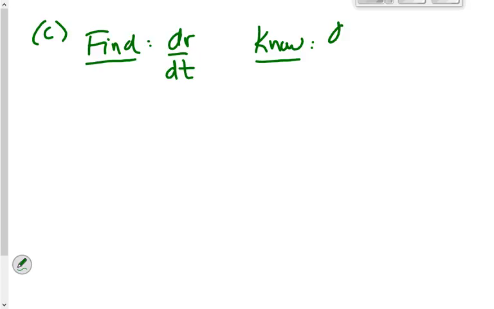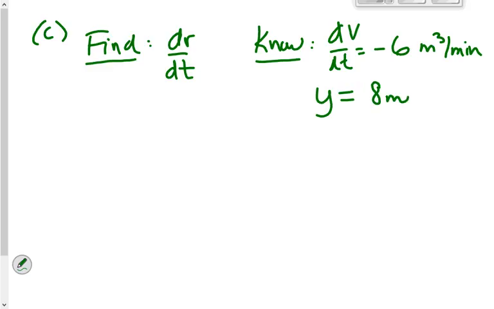Okay, so dV dt is minus 6 meters cubed per minute. What else do I know? I know what y is going to be. What is it going to be, Maggie? 8 meters. Oh, I know capital R, 13 meters.